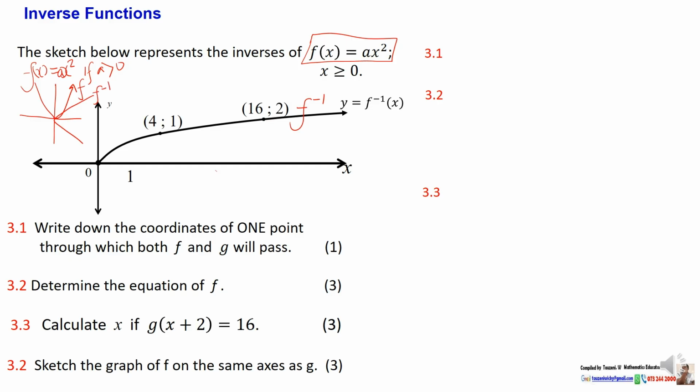Both of them pass through the point 0, 0. So the answer for question 1 is 0, 0. They both pass through 0, 0.